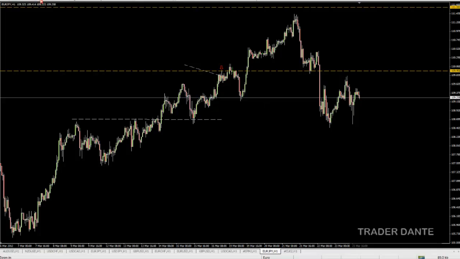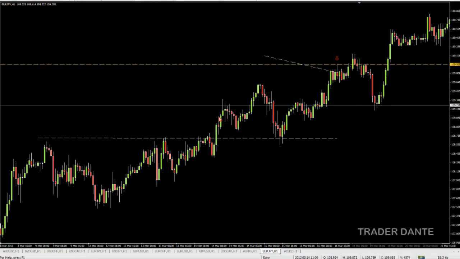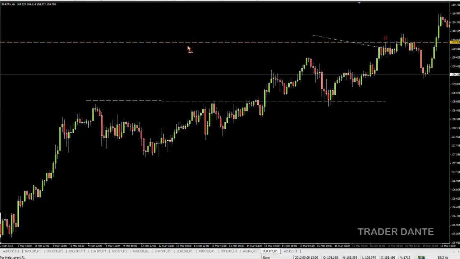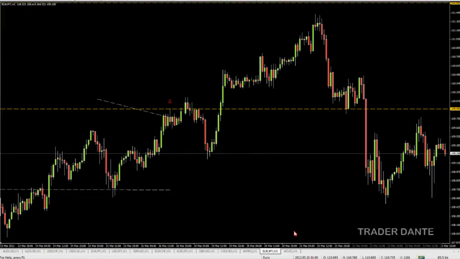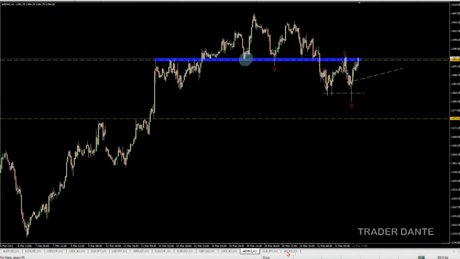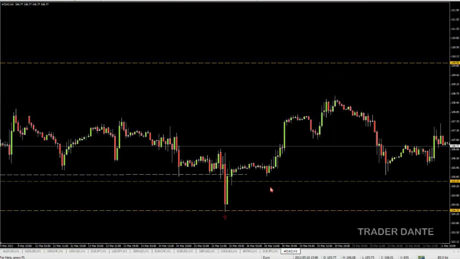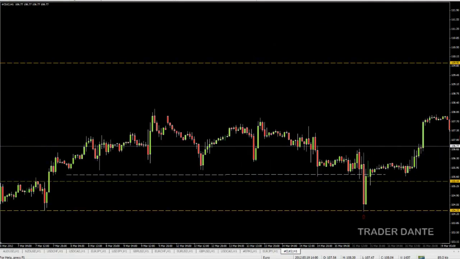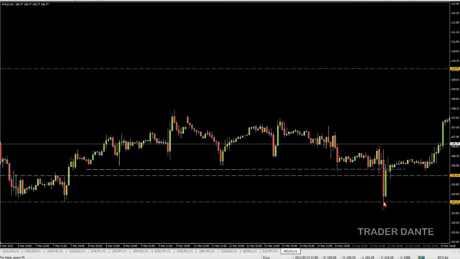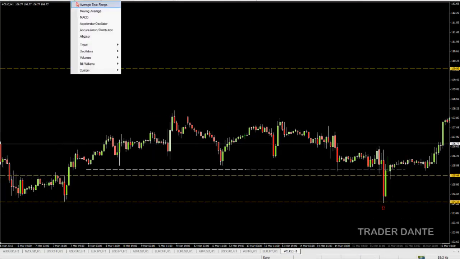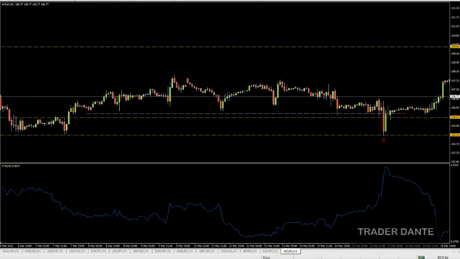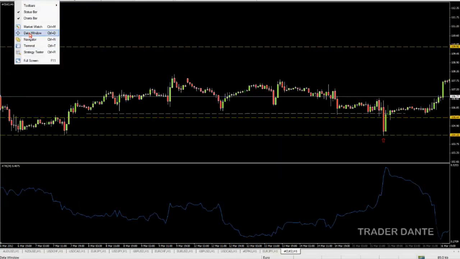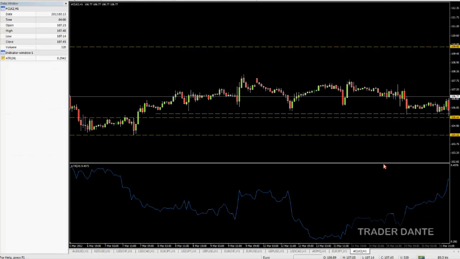So, just to make it clear again, let me pull up another example. Going back to this crude oil, this SFP here, what I'm going to do is pull up the ATR 24 period and find out what the 24 period ATR is.